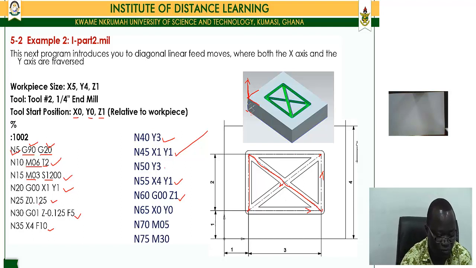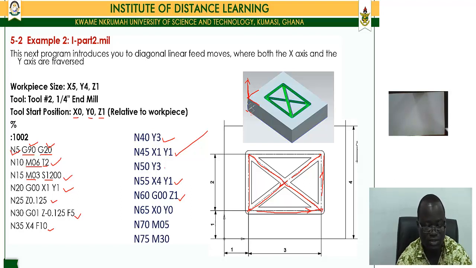Okay, so let's see how this will finally be traced. Let's go through the program again. We have from this side to X4, so we cover this side. Then we go to Y3 this way. Then we go to X4, then we go to X1 Y1, so we come across to this position.